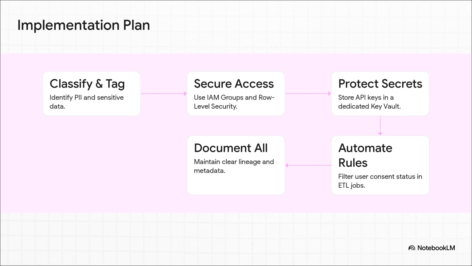Lock down access using things like role-based controls. 3. And this is a big one, protect your secrets. Your API keys and passwords go in a key vault, not in your code. 4. Automate your protections. For example, build filters into your ETL jobs that automatically remove users who've withdrawn their consent. And 5. Document everything. Good lineage and metadata are what build trust.